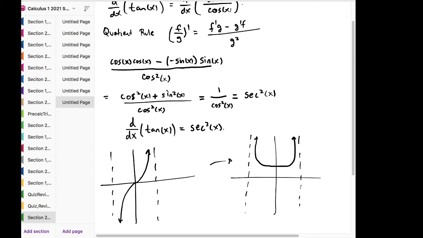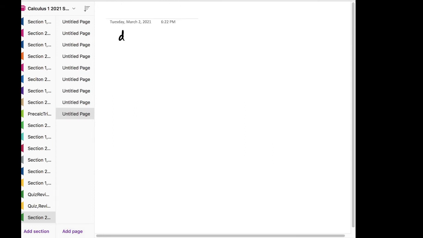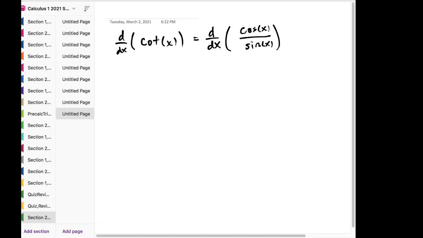Okay, let's do the other trig functions. Let's do the other tangent function. What is cotangent again? Let's actually do cosine over sine, because if you forget the derivative of tangent, then you can't use 1 over tangent.